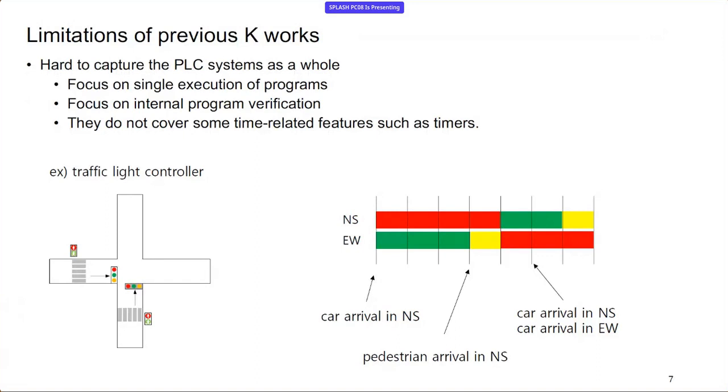These vertical bars represent the start of each cycle, and in each cycle, it takes in signals indicating the arrival of cars or pedestrians. So this simple example shows that with the existing K work, it is hard to describe PLC systems as a whole.